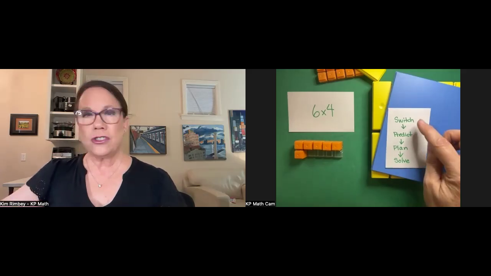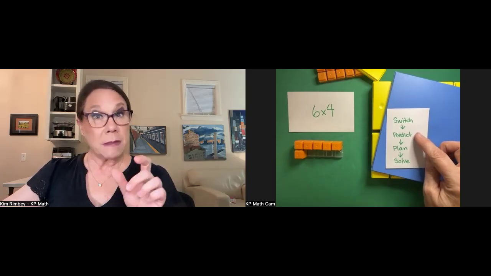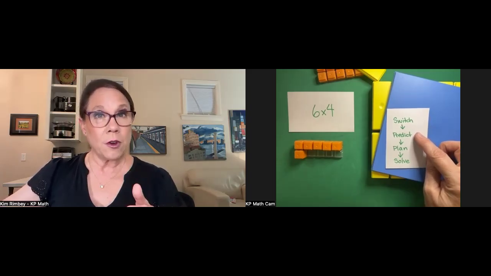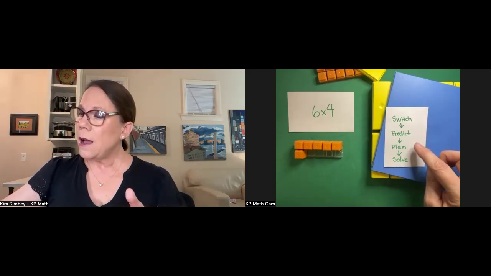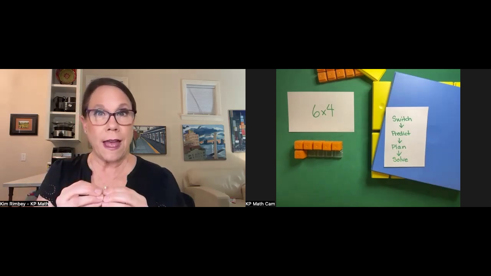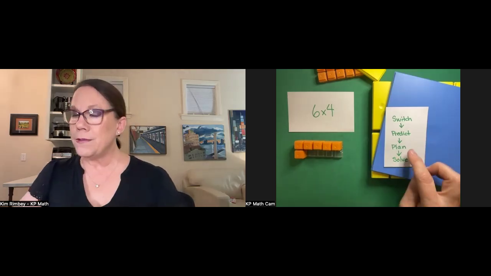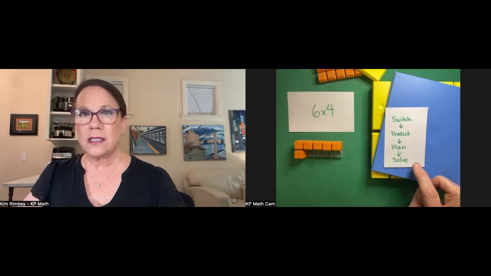So switch, the commutative property; predict. What do you think? Is it going to be more than 10 or less than 10 if you're working with addition? Is it going to be close to a foundational fact of the ones, the twos, the fives, or the tens? Then make a plan: what strategy you're going to use. Then solve.